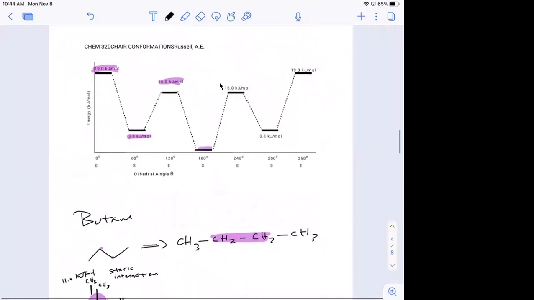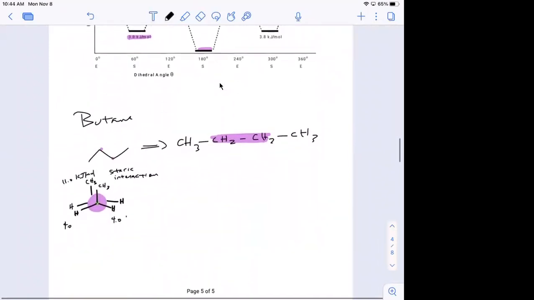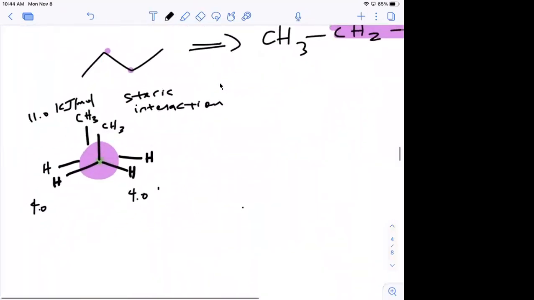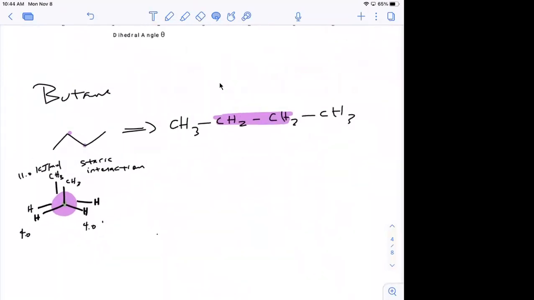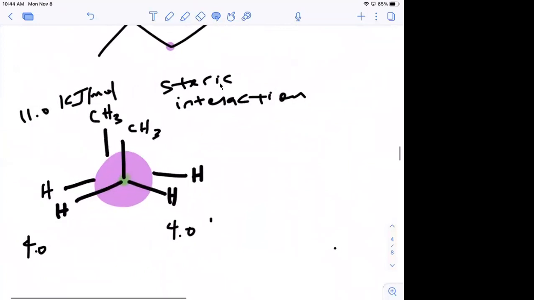So that's my conformer at 19 kilojoules per mole. I'm gonna paste this up there. There's another really important point. Sanaya, can you see here where this is carbon 1, the purple dot is 2, that's 3, and that's 4?